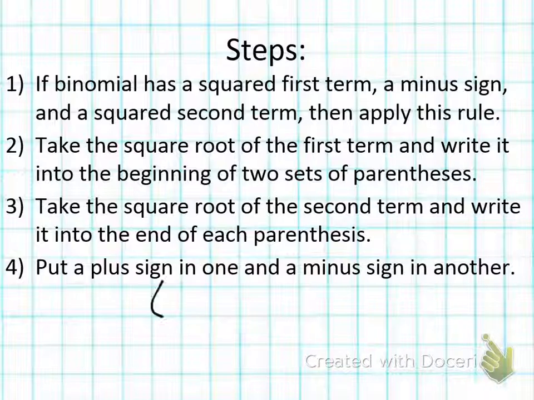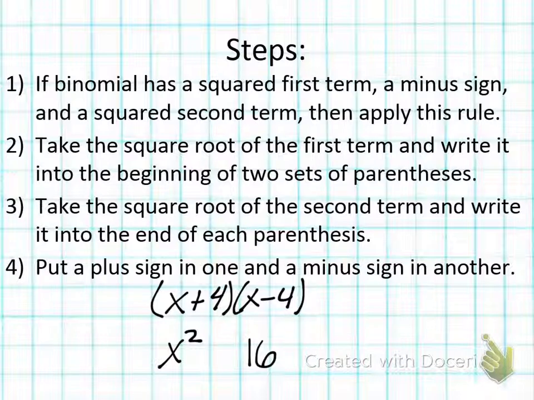Okay, so this is kind of the going backwards of the shortcut that we learned in the last section, last unit. We talked about polynomials. Remember how we could do this shortcut where we say, okay, I have the same thing, but one's plus and one's minus. So I can just square the first term, square the second term, put a minus sign in between them, and I'm done, right?